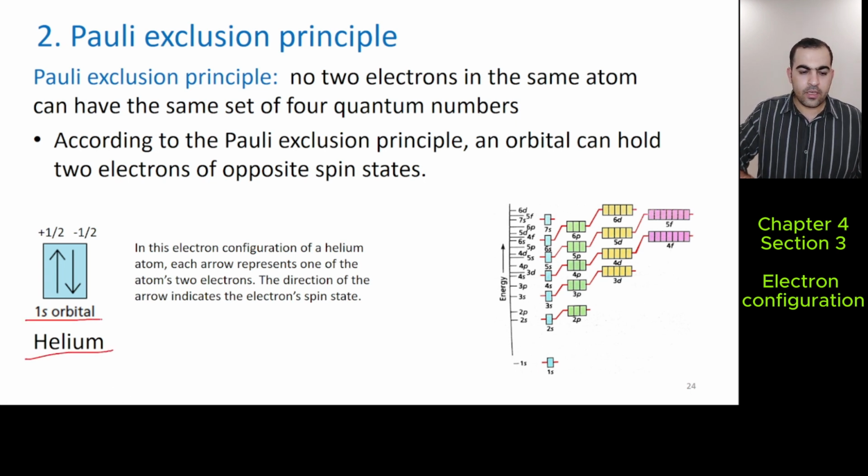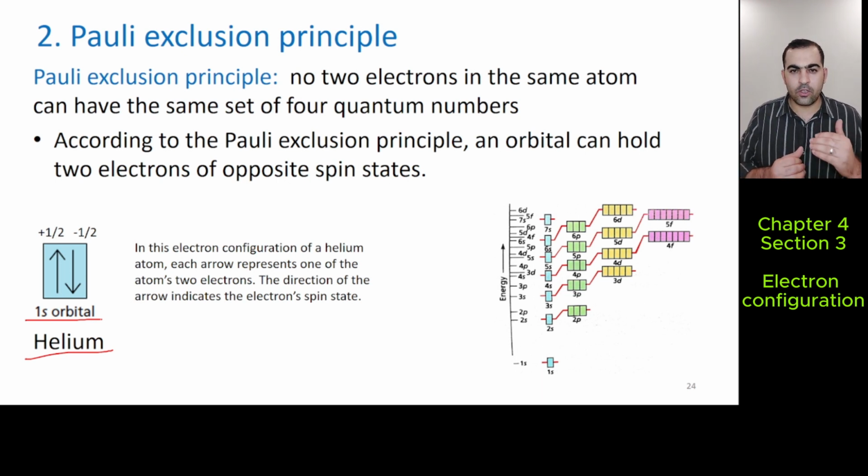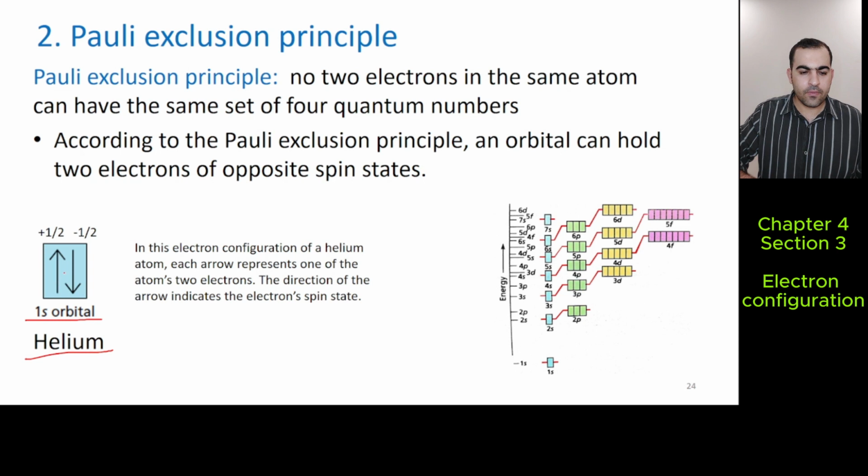So here, look, this is helium. We said the electrons of helium are in the 1s orbital because 1s is lowest energy, right? Here, this is an orbital, the s orbital. According to the Pauli exclusion principle, an orbital can hold 2 electrons, but they have what?